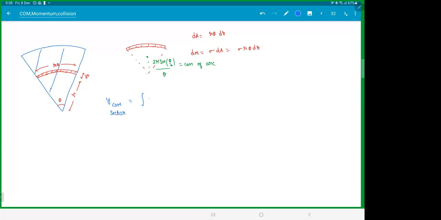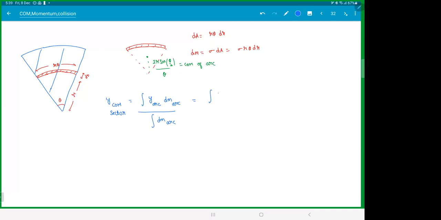This will be integral of the y coordinate of the arc times the mass of the arc. So the formula integral y dm by integral dm says this is the y coordinate of the center of mass of this mass. Now, what is this mass? This is the arc's mass, integral dm of the arc. Is this making sense? So you're finding the center of mass of each arc, and then you're finding the center of mass of all these centers of mass, and that should be the center of mass of the whole sector.